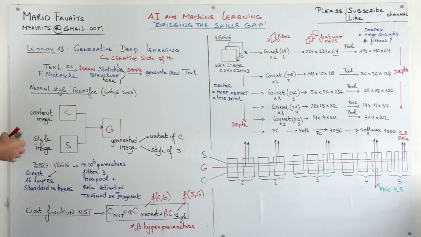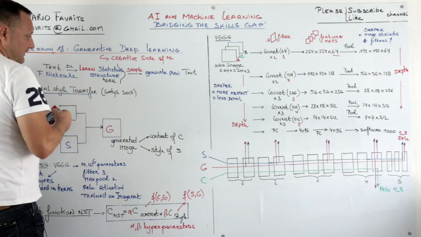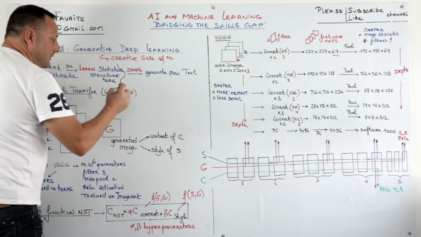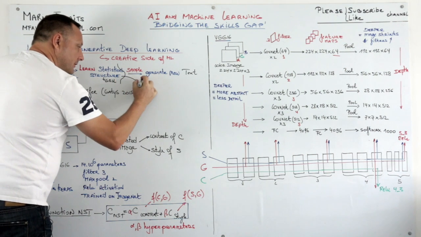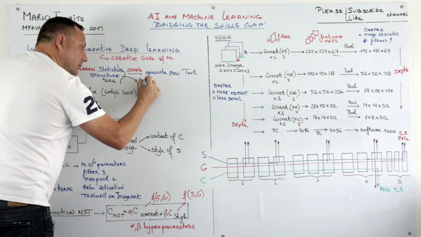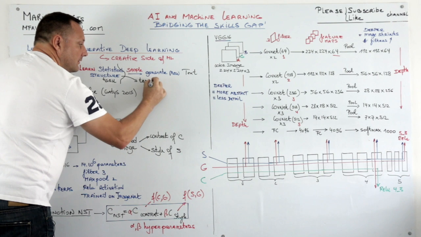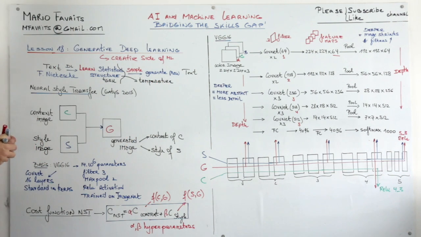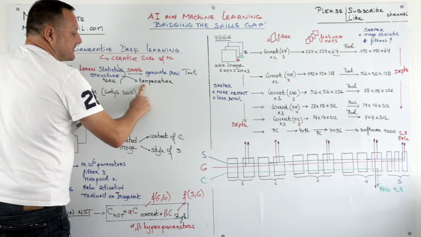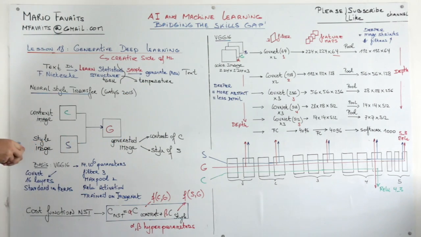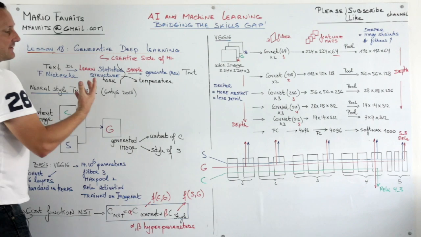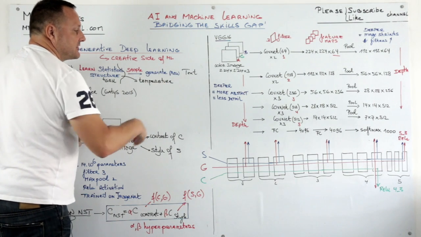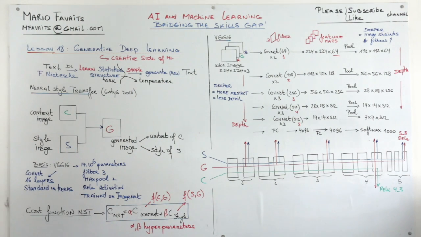And we had to define a hyperparameter, and the hyperparameter was called temperature. To be more precise, it's softmax temperature. The higher we chose the temperature to be, the more randomness you create in your text generation process.